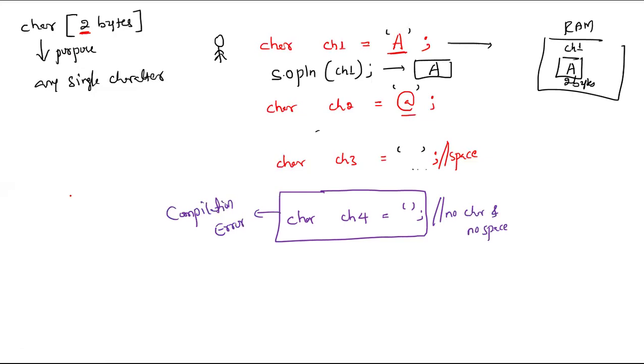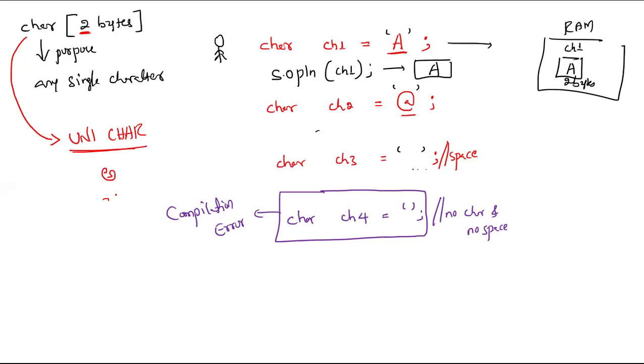So the answer is, when it comes to char type in some programming languages, it is limited to ASCII values only. But when it comes to Java, it is actually called a Unicode character, Unichar, that means universal character. Universal character means it's not only English letters or the ASCII range of letters. We can store a single letter of any language by using Java's character data type, like for example Telugu alphabets or Hindi alphabets.